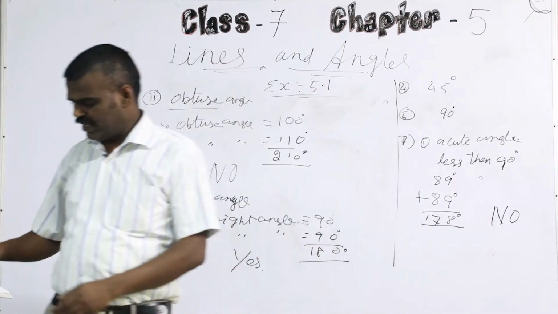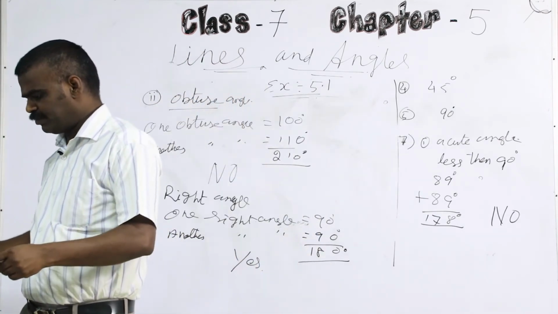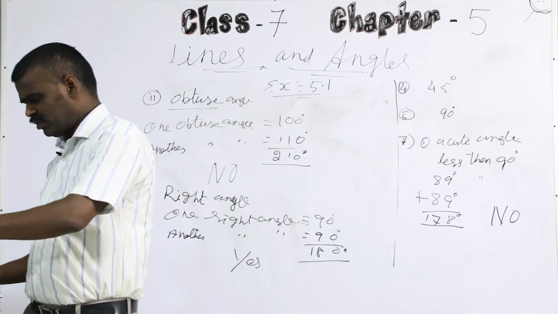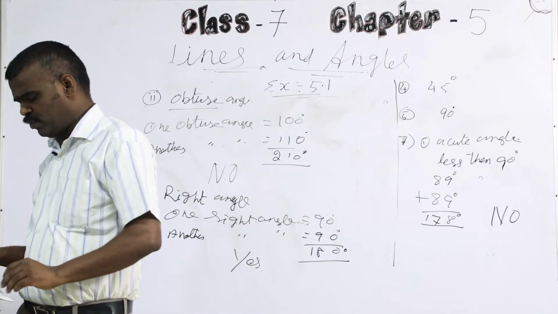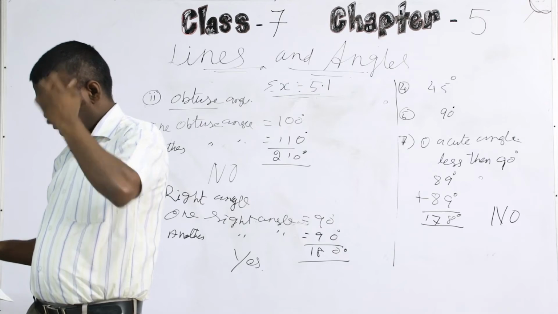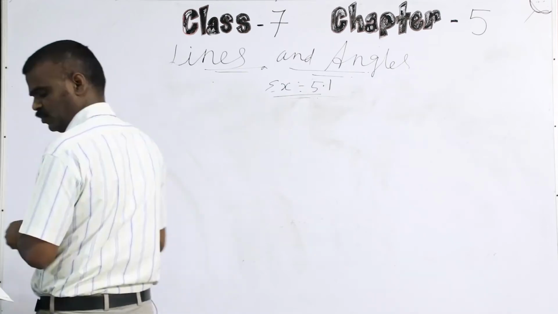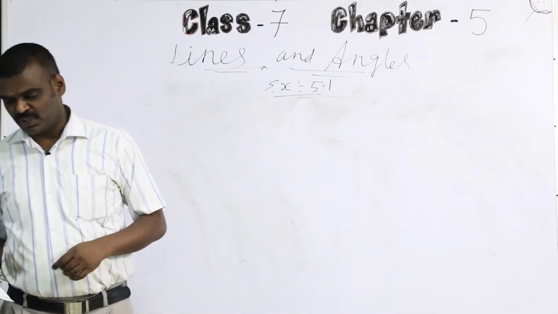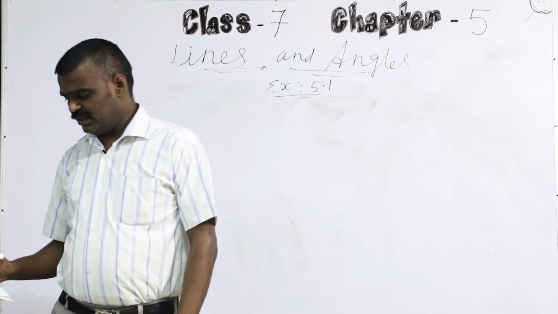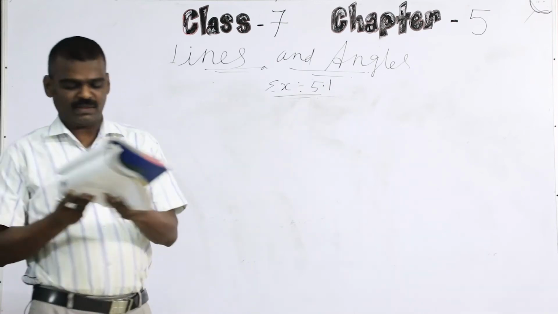Okay, that is okay. Next, some more questions are there. I think you will manage by yourself now. Now go to question number 10. Read the question with me. First I will draw the figure.